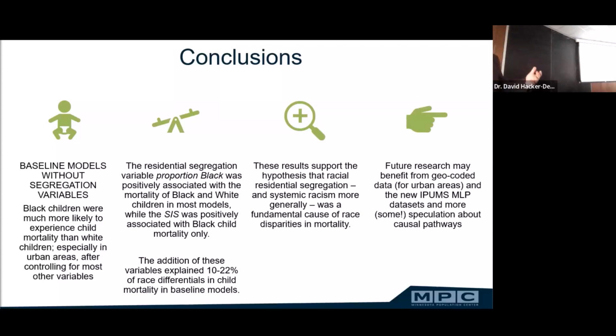We need to geocode some data. I mean, obviously, I know that. And there are some efforts going on by John Logan and others to geocode some of these places that have addresses, but we'll probably never get much. We need to perhaps do some of the work that I talked about with the linked data sets. And maybe we can speculate about causal pathways.